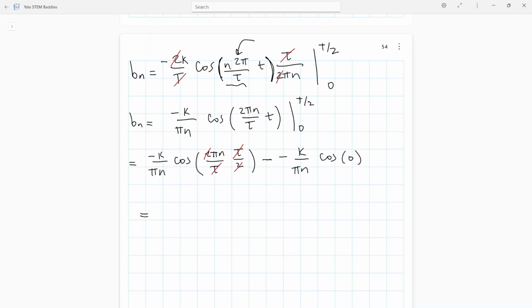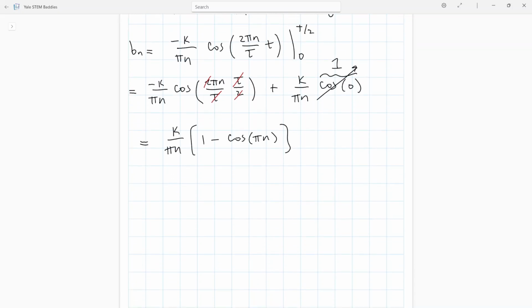If we also convert these minus signs into a plus, flip the order of the terms, and remember that cosine of 0 is 1, then this is our final answer. We just have 1 minus cosine of pi n.